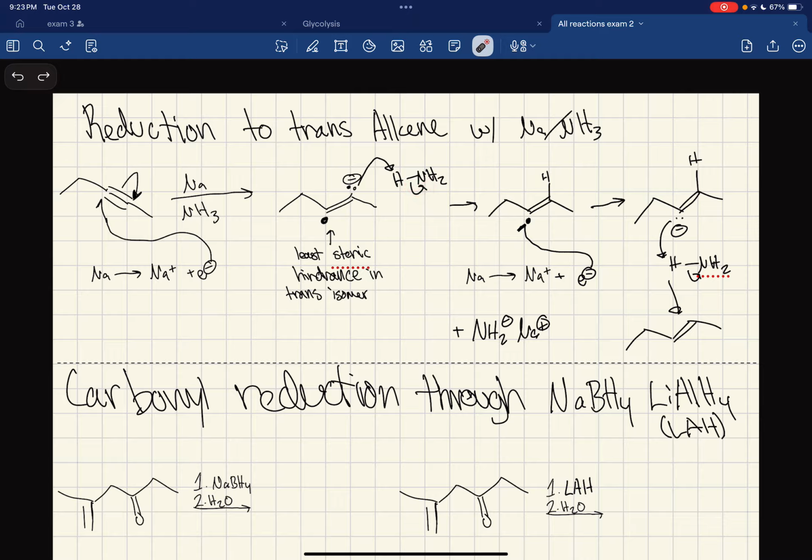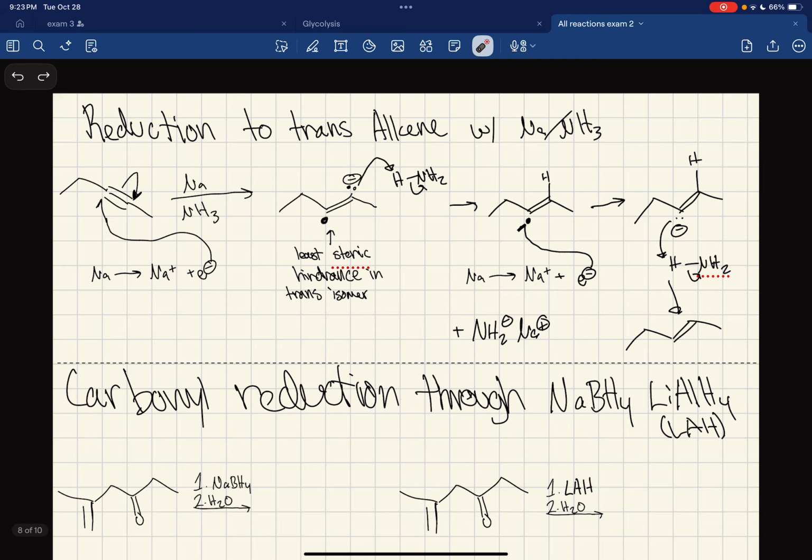And after it's deprotonated, typically NH2- is incredibly unstable. It's a really, really strong base, so you don't really want that. But because you have this sodium cation right here, it's going to form a complex right there and stabilize it a lot.